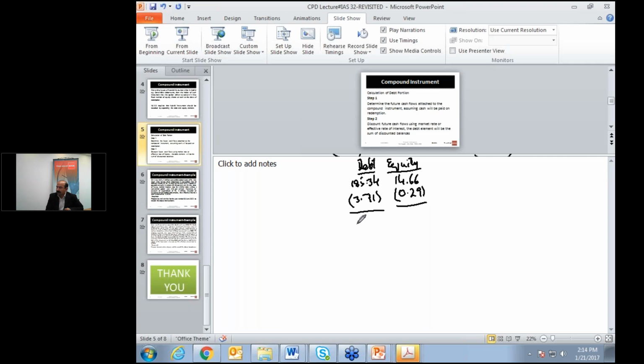So this will give us the debt element value after the issue cost effect.